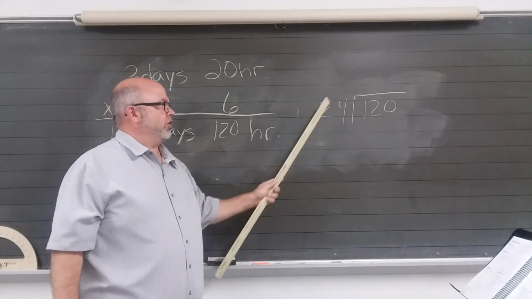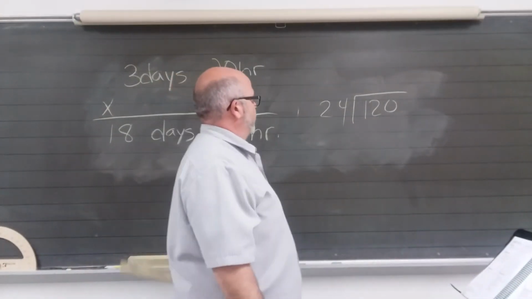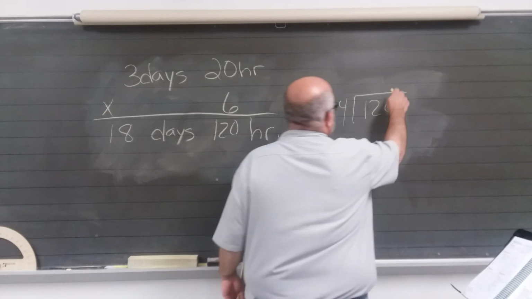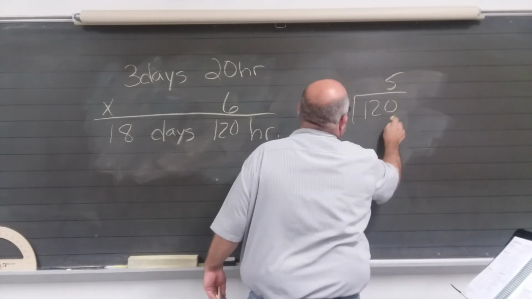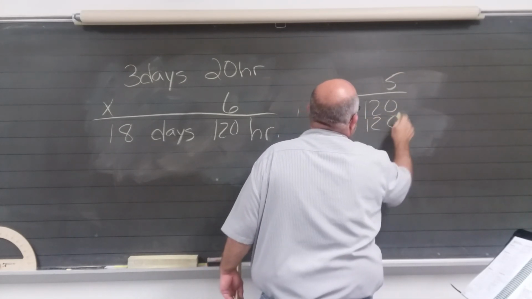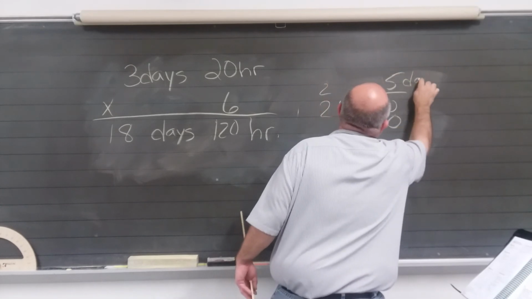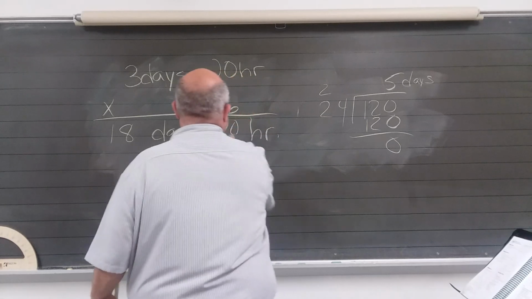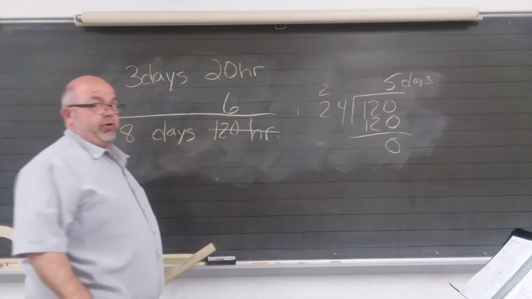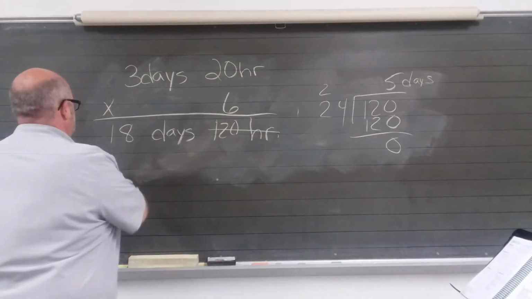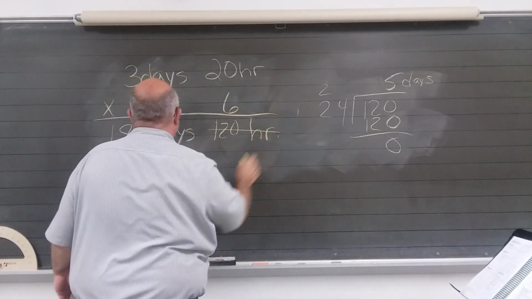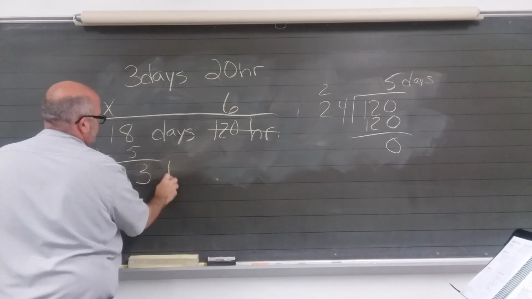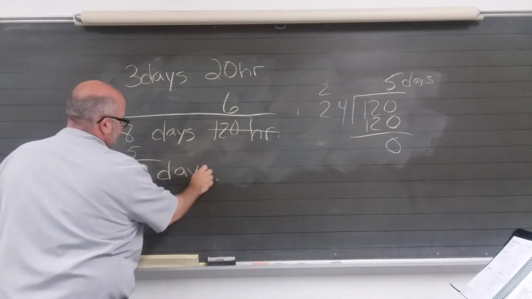So 120 hours divided by 24. What is 24 into 120? It's going to end with a 0. Let's see if 5 works. Yep. This is days, right? There's no remainder. We are done with hours. There's not going to be any hours in the problem. You add 5 days. Your answer is 23 days.